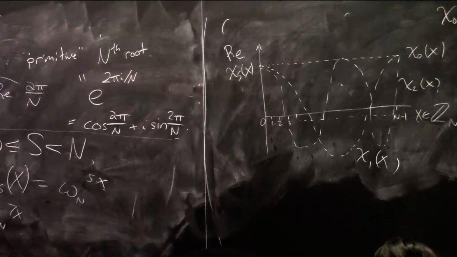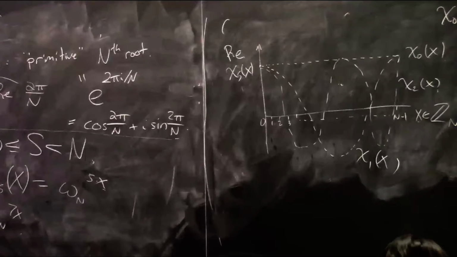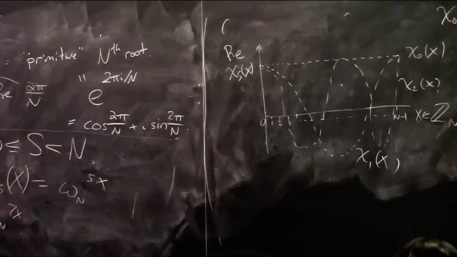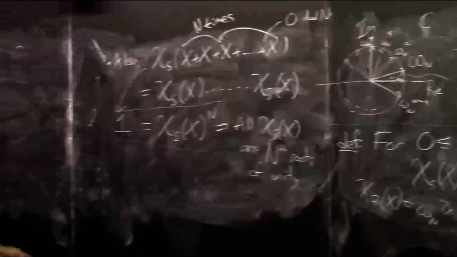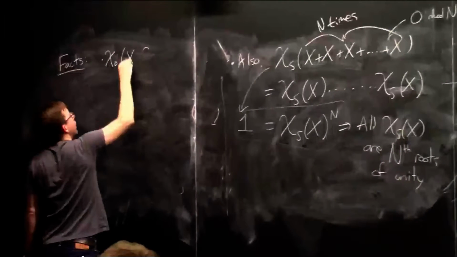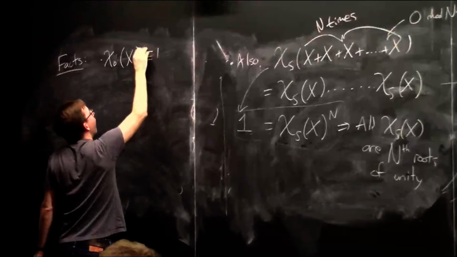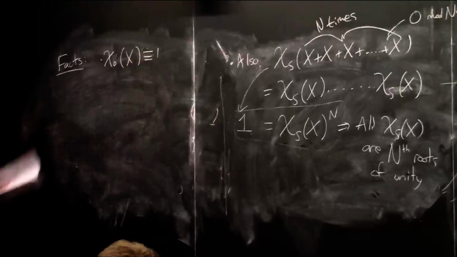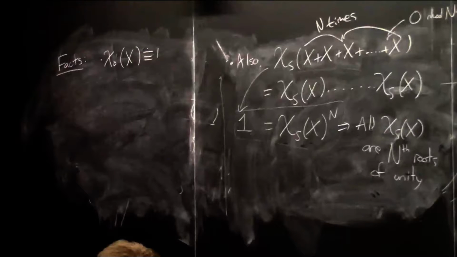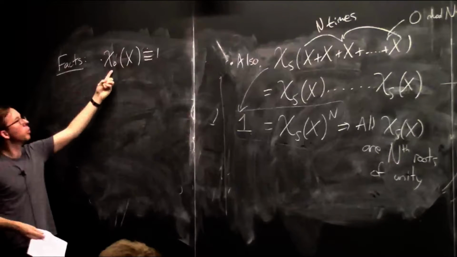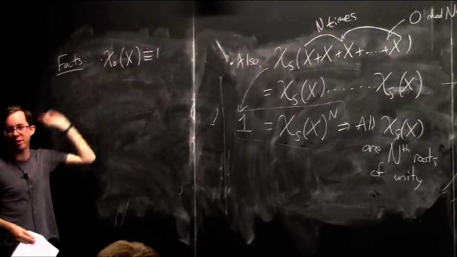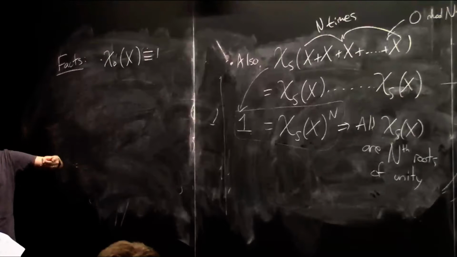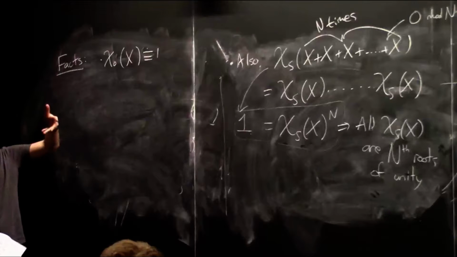OK, so let's collect up some facts about these functions, or you can think of them as vectors if you list them in a long list. As I said, first of all, the 0 character is constantly 1. And actually, this was a feature of the XOR functions too. The XOR function where you take the XOR of none of the bits is constantly 0 in truth table value, but (-1) to that is constantly 1.